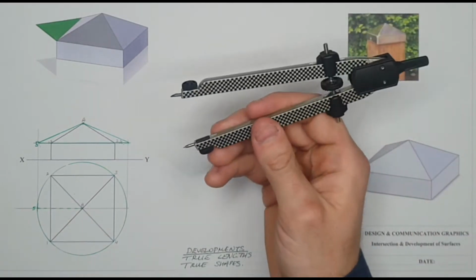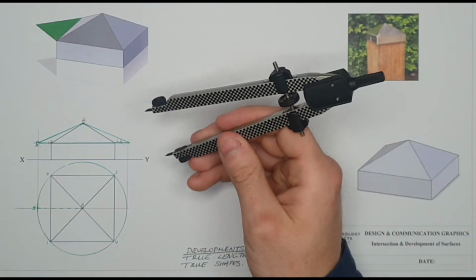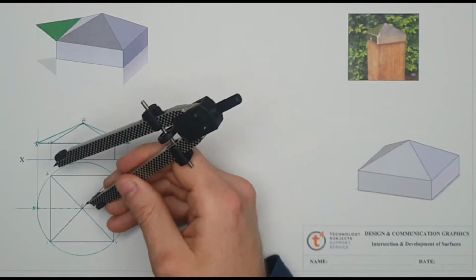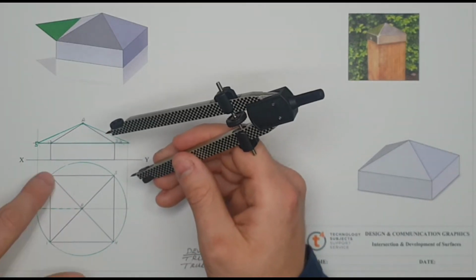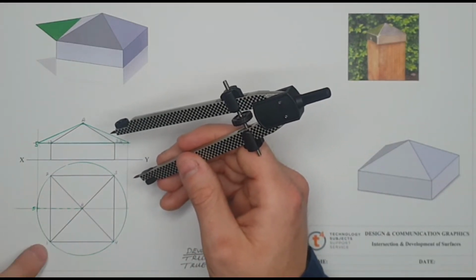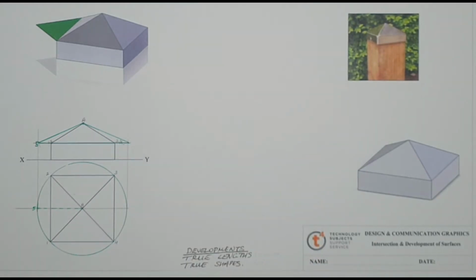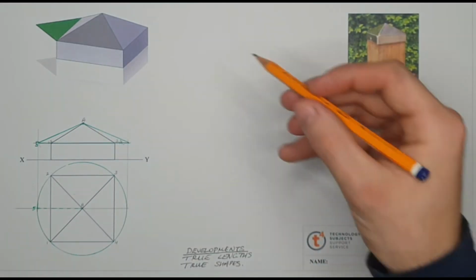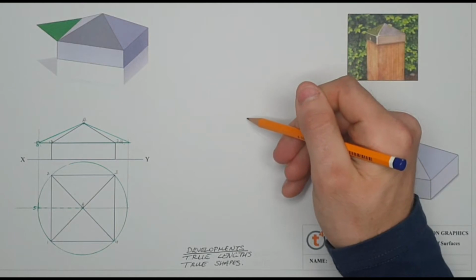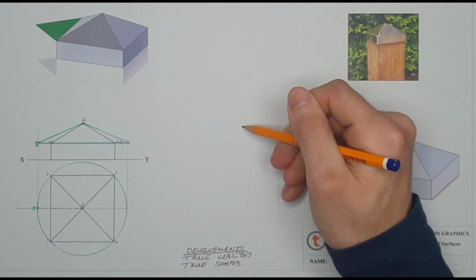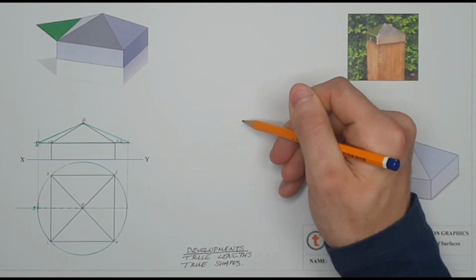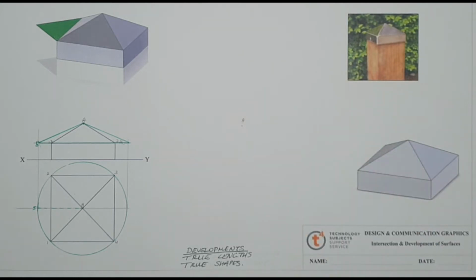Now I know that that distance I just set on my compass is the true length of A down to 2, down to 3, down to 4 and down to 1. So I'm going to start off at some point over here in my sheet, and I'll just pick a point and center it in the space I have roughly, right there. I'm going to call that point A. So that's the apex.